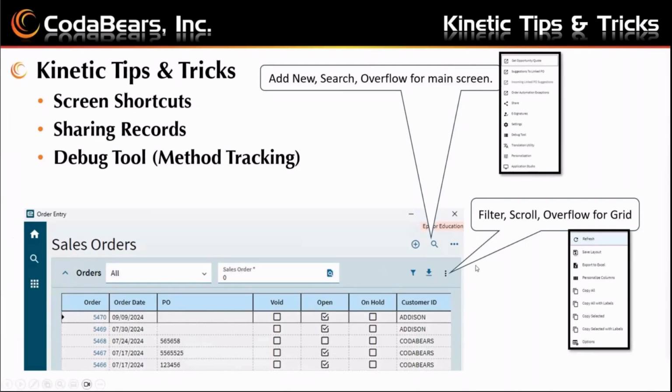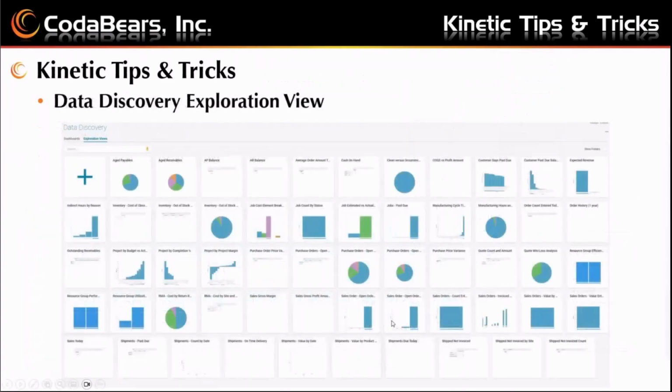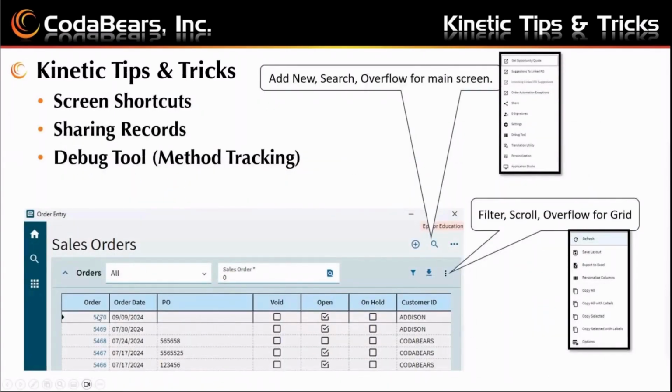The other fun thing that I find people don't know: when I'm on this record and I pull up order 5470, there in the overflow is a share button. I can email this record to another Epicor user, and all they have to do is click on the link to go pull up that exact record. Sharing information from user to user is a whole lot easier.